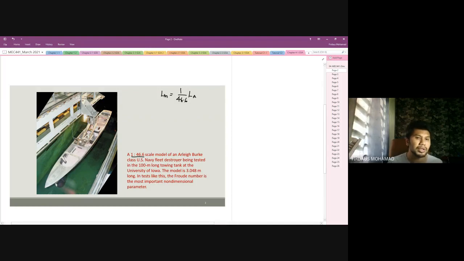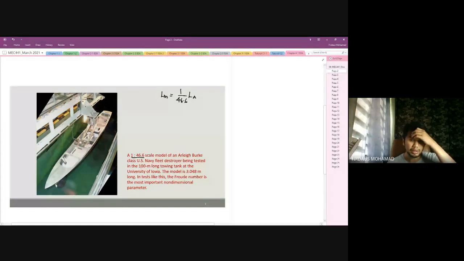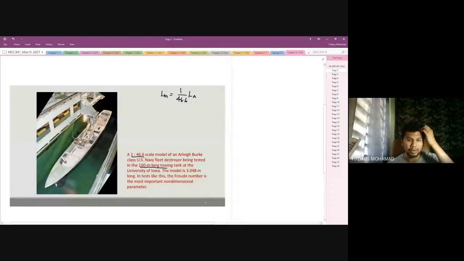The scale model is basically exactly similar with the prototype ataupun the actual model in terms of the baseline design of an Arleigh Burke class US Navy fleet destroyer being tested in 100-meter long towing tank at the University of Iowa.